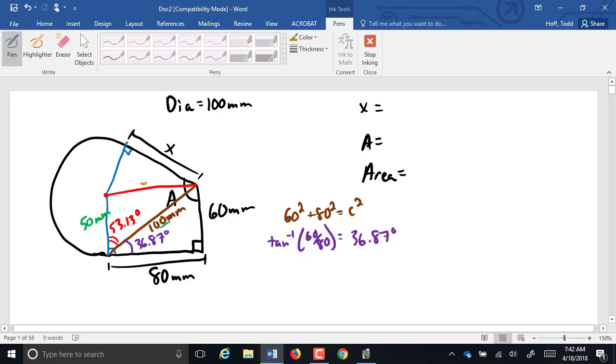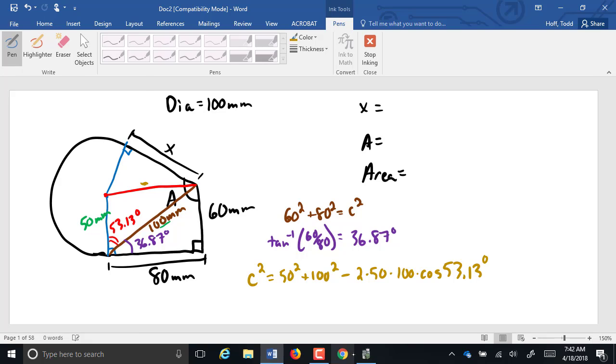So I'm looking for this side up here. That side squared is going to equal 50 squared plus 100 squared minus 2 times 50 times 100 times the cosine of 53.13 degrees.